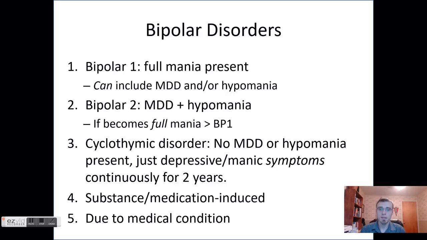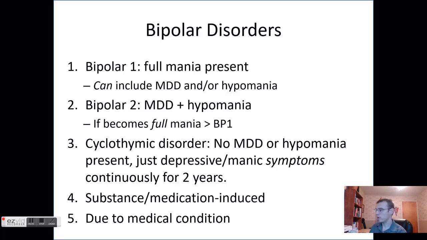As soon as any kind of hypomania occurs, then you would apply the diagnosis of bipolar 2. If somebody who has bipolar 2 ever experiences what we consider a full manic episode, then that diagnosis should be switched from bipolar 2 to bipolar 1.